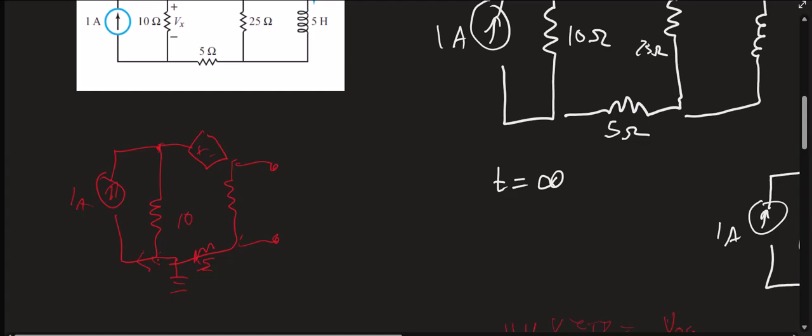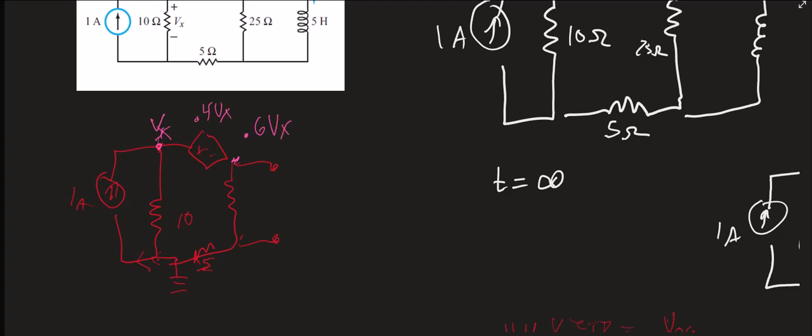Okay, so let's do, I like voltage nodal analysis, so I'll put V1 there, and that's the same as Vx, and this was 0.4 Vx. As I said before, if that's 0.4 Vx, then this side has to be 0.6 Vx, because when you have the label on a voltage source, it means the voltage on the positive side minus the voltage on the negative side equals the label on the voltage source.